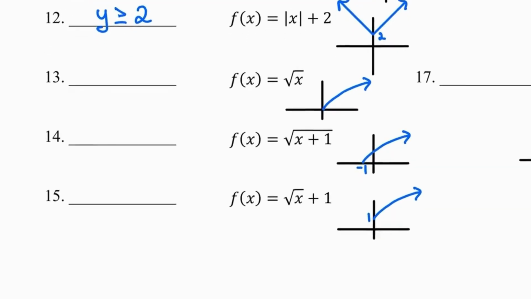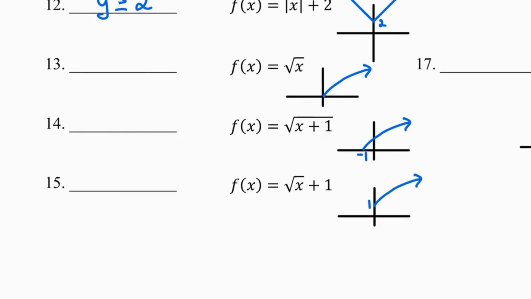Then the next three functions are the square root functions. So the square root function kind of looks like this. If you want to plug in values, you can. If I ask you domain, just like what we did on the top problems, the input of square root functions has to be positive or 0. Well, what ends up happening is if you plug in numbers that are positive or 0, you're also going to get numbers that are positive or 0.